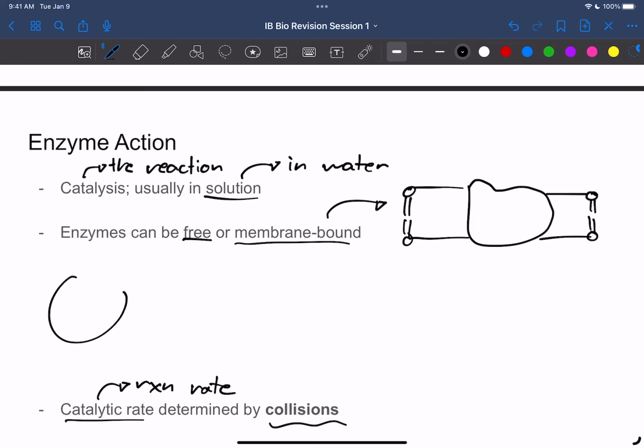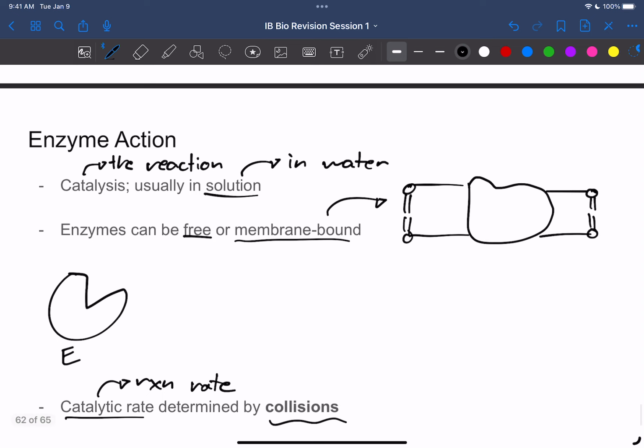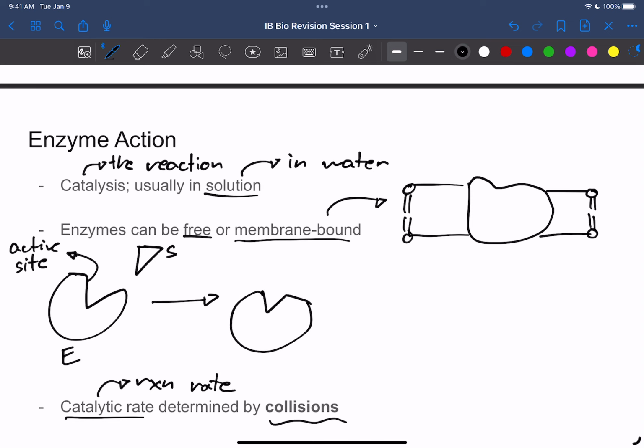So we have an enzyme. Let's make a really simple one. We're going to call it E. And this is the active site. The active site is highly specific to a substrate. So we have a substrate, or reactant, S. What does it do? Well, it forms an enzyme substrate complex.